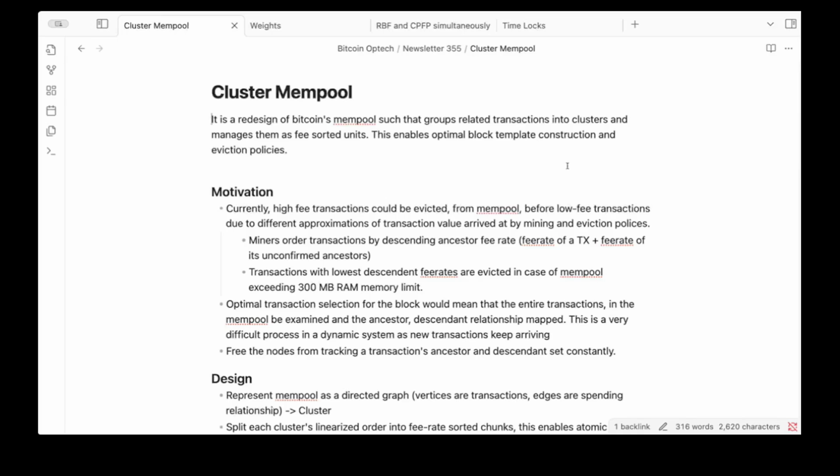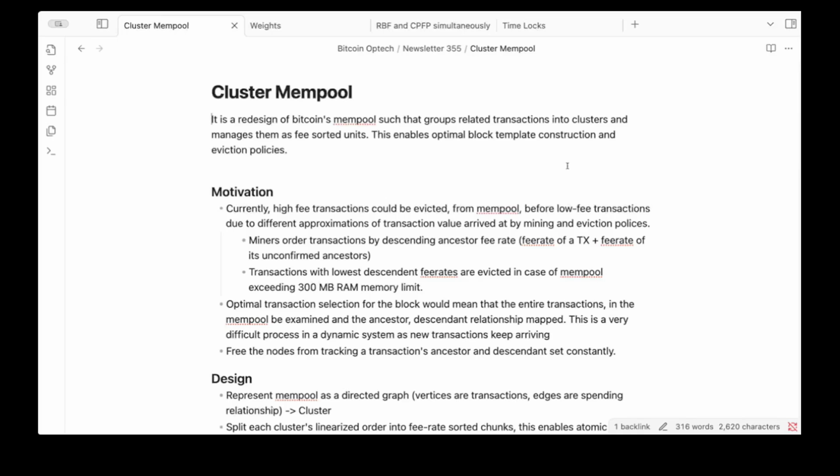They pick up a transaction and add to its fee rate the fee rate of its unconfirmed ancestors. They sort the available transactions in descending order and then process them. This is the miner's way of looking at transactions and their ancestors.